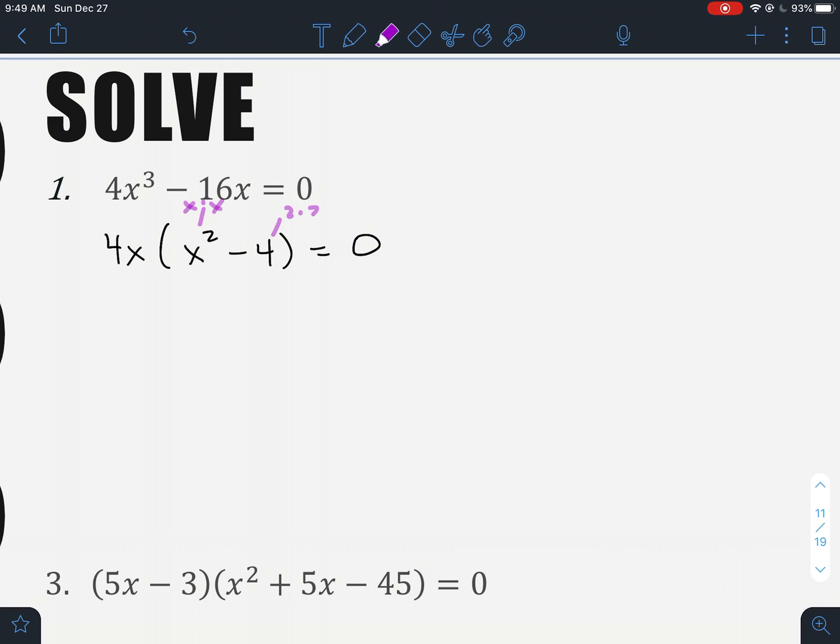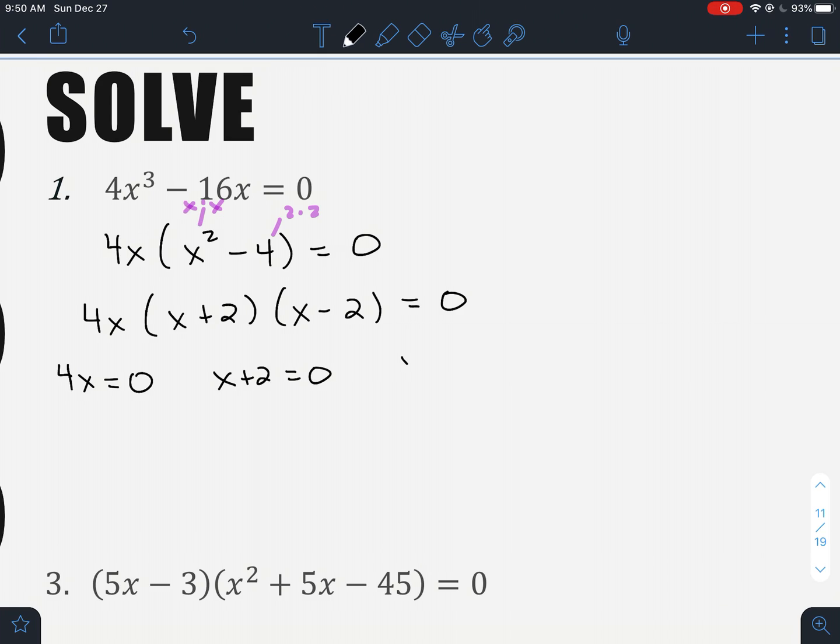x squared minus 4 is a difference of two squares. So this would be x times x, and this is 2 times 2, and we're subtracting in the middle. So we would have 4x and then a difference of two squares: (x + 2)(x - 2) = 0. Now we have three terms being multiplied to get 0.